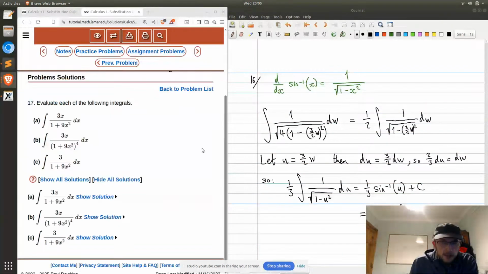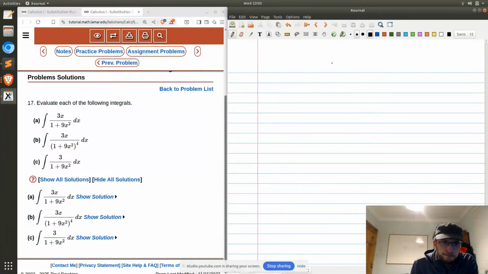Okay, problem 17. Okay, du equals 18x dx.